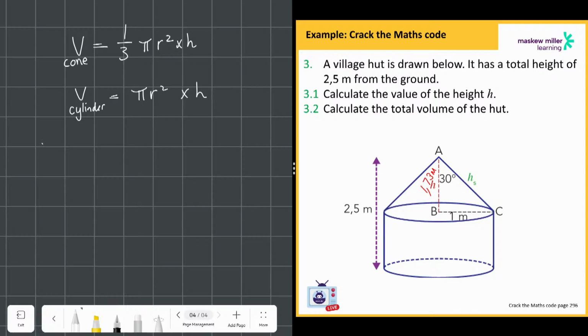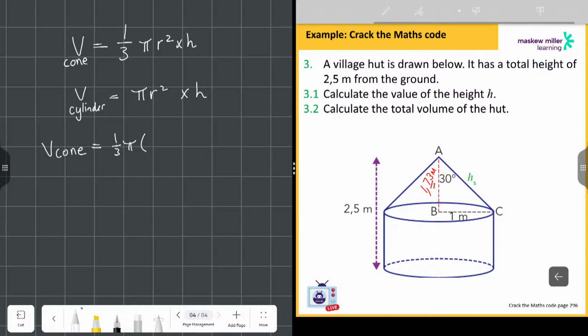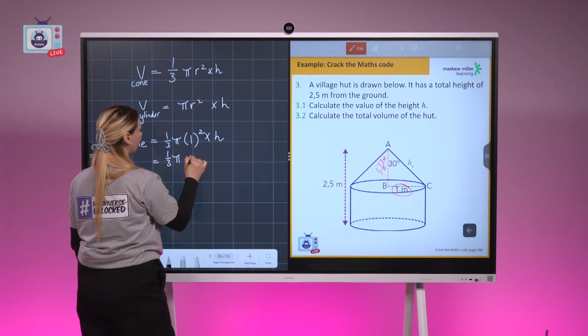Our volume of our cone. Volume of cone is equal to 1/3 pi, and our r is the radius of the circle base of our cone, which is 1 meter. So we've got 1 meter there, and that is going to be squared times the height. I'm going to work them out separately. 1/3 pi times 1 squared. 1 squared is 1, so I've got 1/3 pi times height.